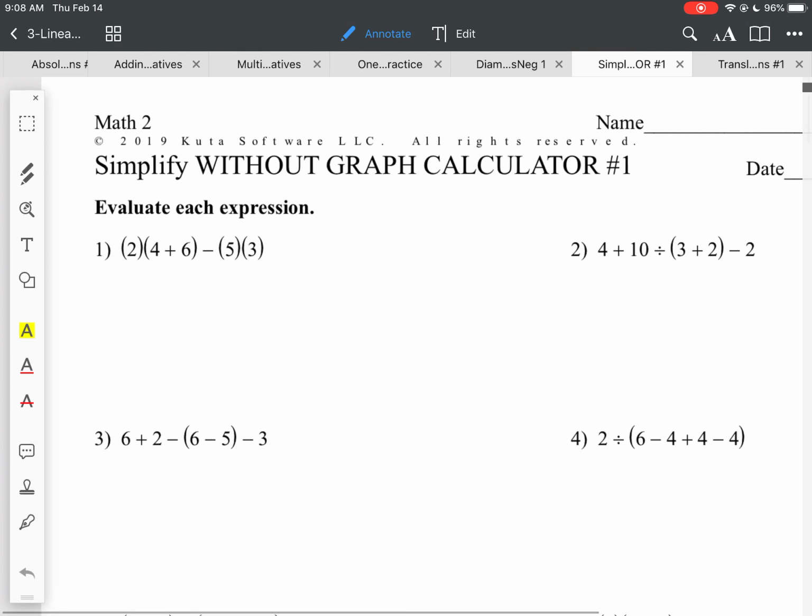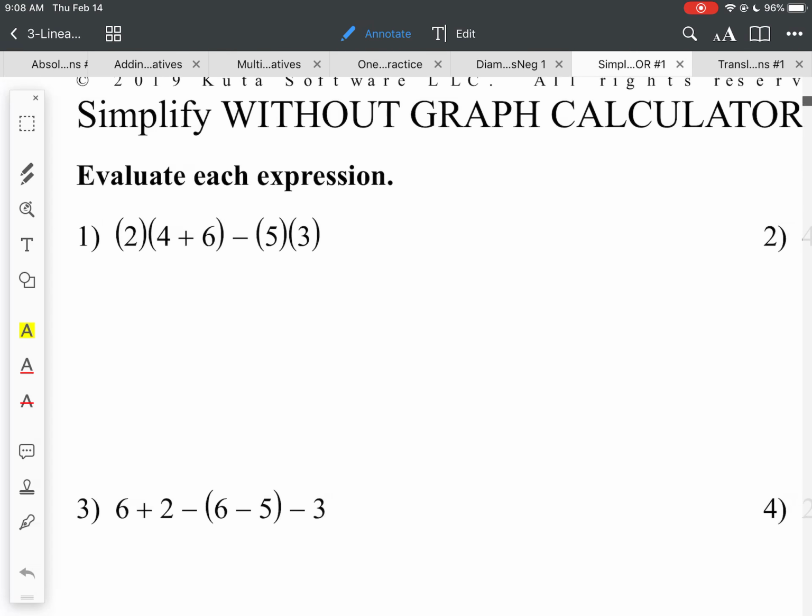Okay guys, we're doing simplifying again. We're just increasing the difficulty with the simplifying.